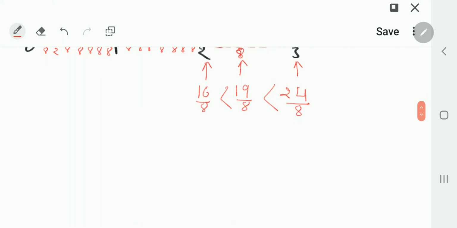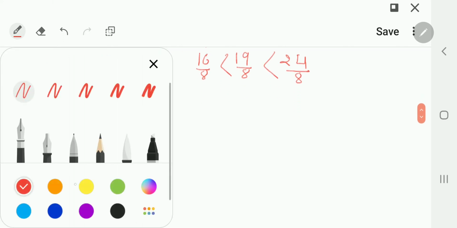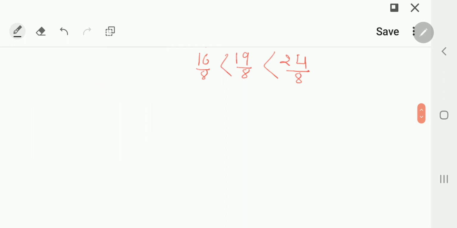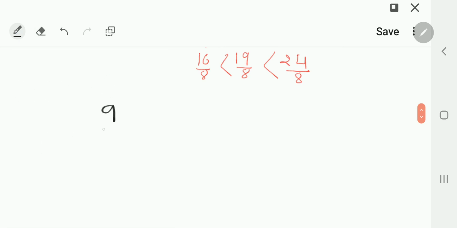But then in the next problem, they gave us different ones to compare, and I'm gonna pick one that has a different unit fraction. So 9/4. You have to compare it.